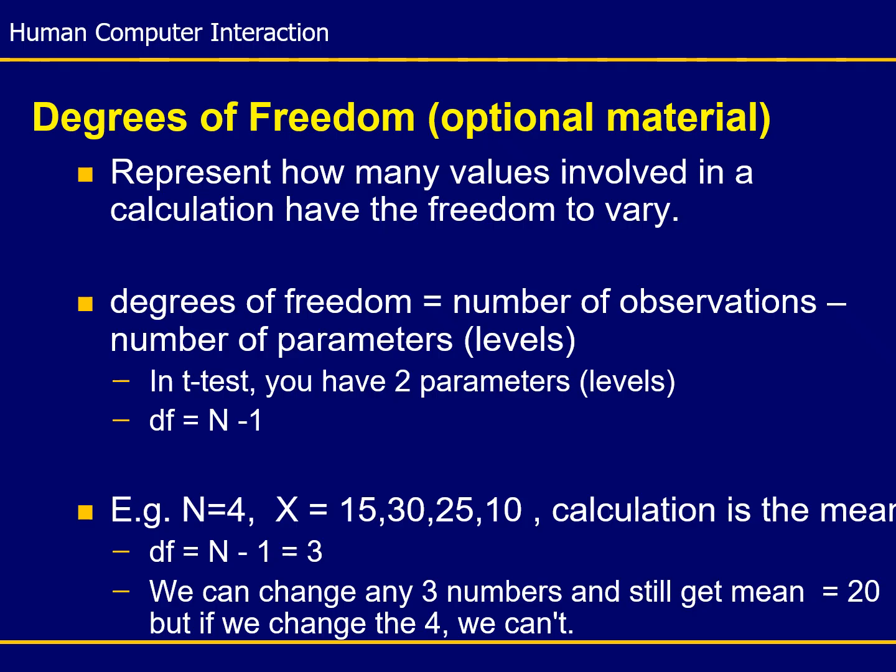I'm just trying to communicate the essence of what degrees of freedom means. Here I have a sample size of 4 participants, and these are the readings I got from them: 15, 30, 25, 10. The mean of these is 20. What degrees of freedom is telling me is, if I remove 3 of these participants and get another 3, would I still get 20 as the mean? And the answer is yes. So the answer I got is a global answer. It's not particular to the group of participants I actually ran the experiment on.